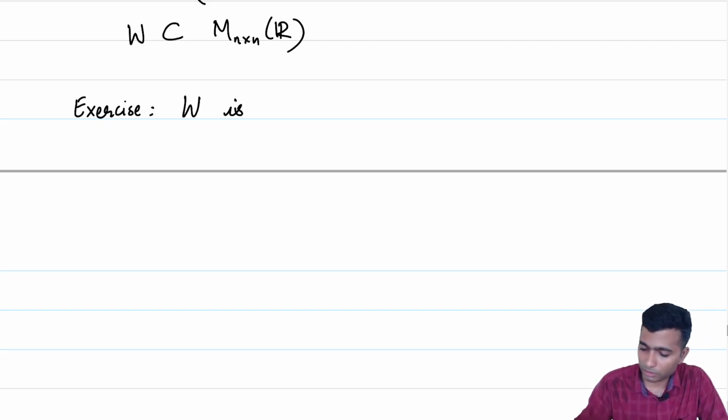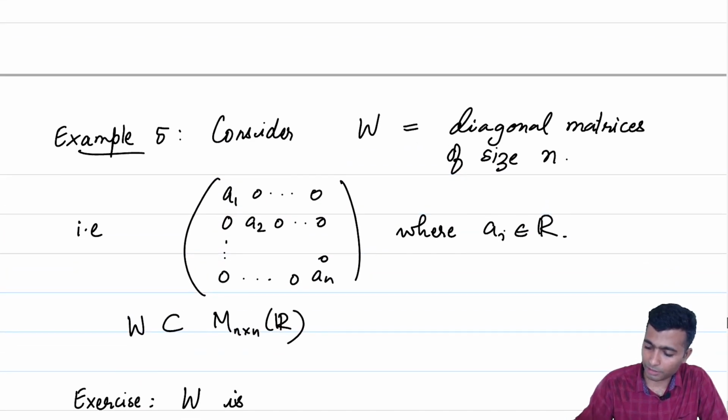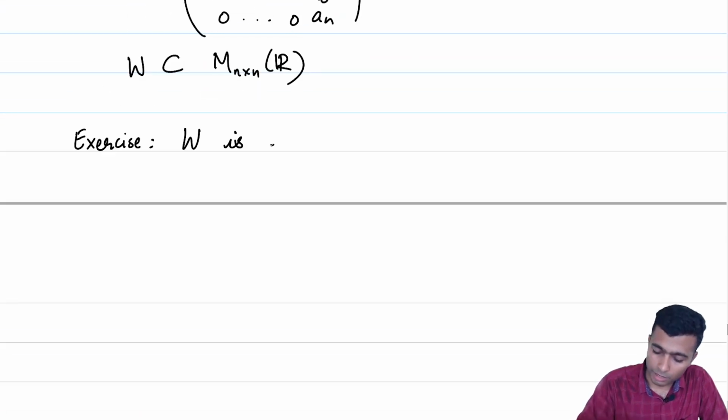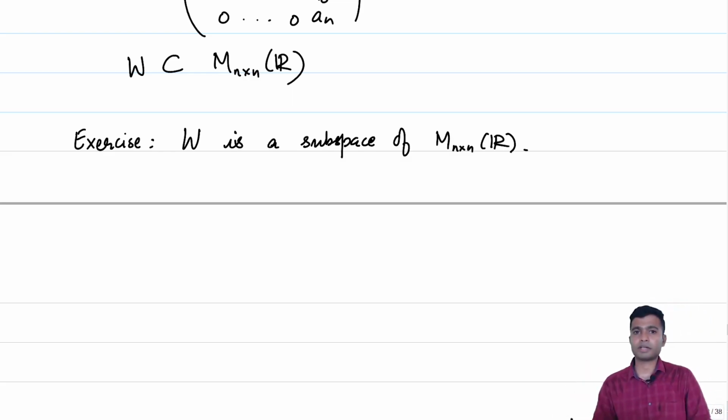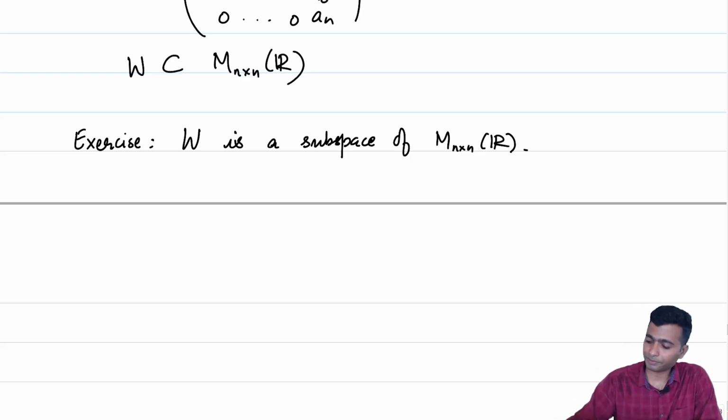Maybe I should call it D for diagonal matrix, it does not matter. W is a subspace of M n cross n of R. So, diagonal matrices are subspaces of M n of R. In particular, if you just consider diagonal matrices of size n, that is a vector space.